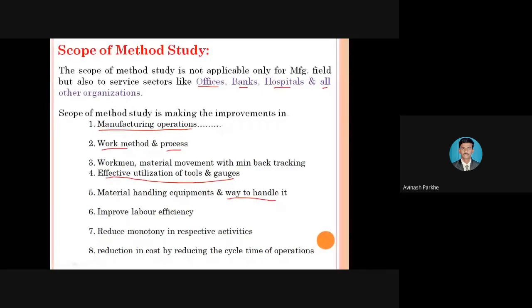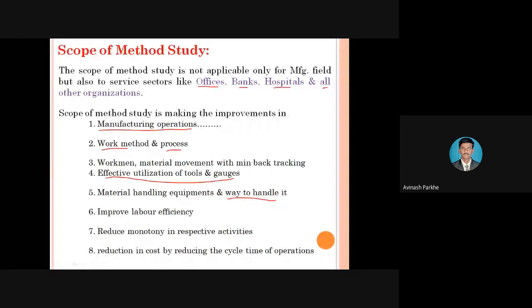Such types of material handling equipment we have to provide in the industry. Due to those material handling devices, we can handle heavy duty components very easily. Small components can be handled by the operators or some unskilled operators. But if possible, if we provide some material handling equipment, then it is very easy to handle heavy duty components as well as small components.